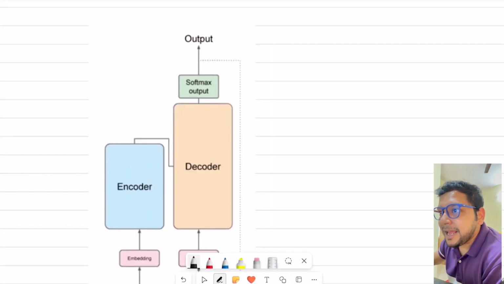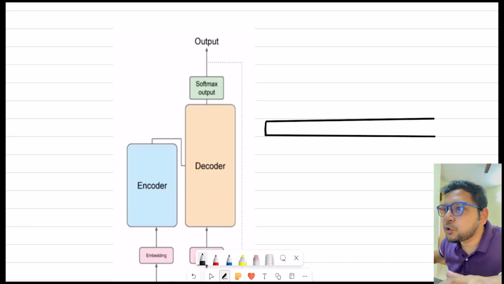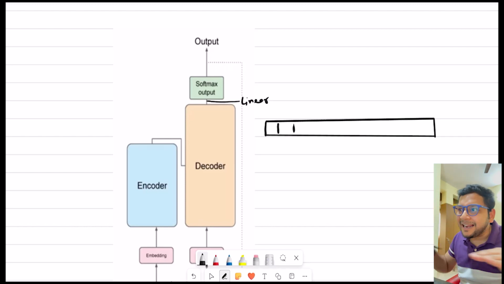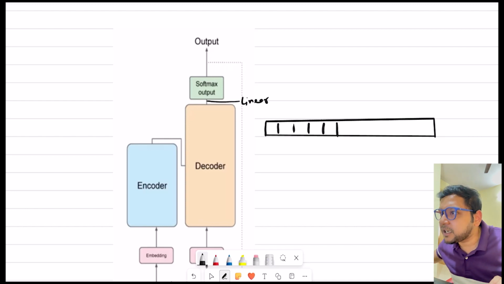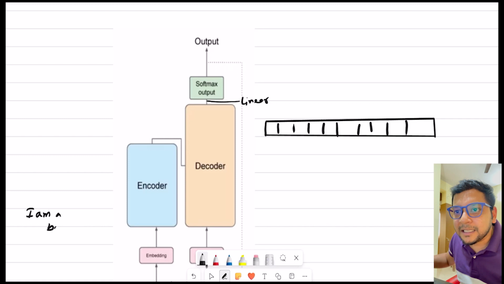So in simple language, the output of the decoder will be a vector which is passed to the linear layer. Here is a linear layer which is actually flattening all the words into a vector, and say here in English we are passing I am a boy.